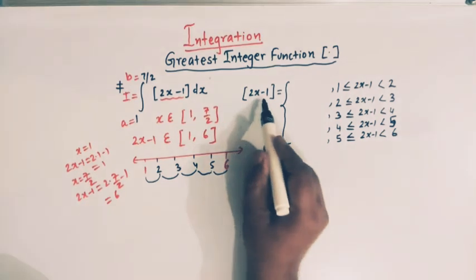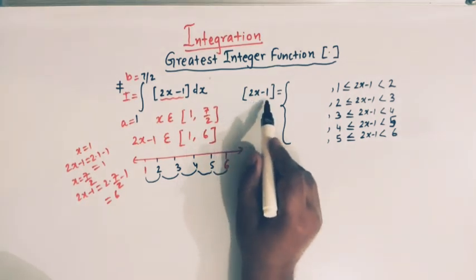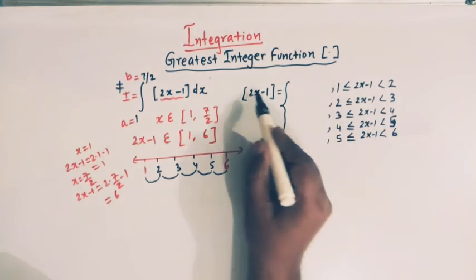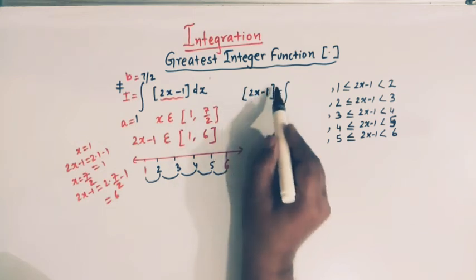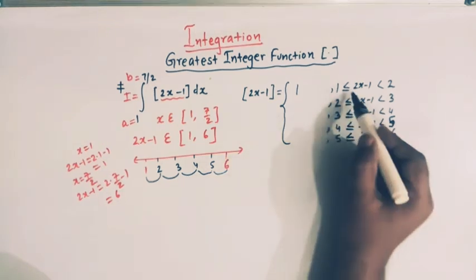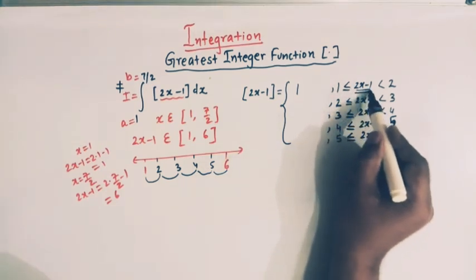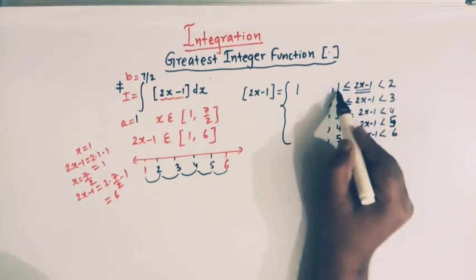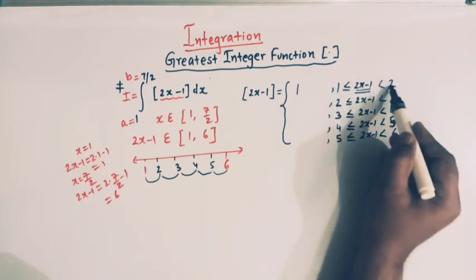Now from the definition of the greatest integer function, we know that the value of the greatest integer function 2x minus 1 is 1 when 2x minus 1 lies between 1 and 2, clear?